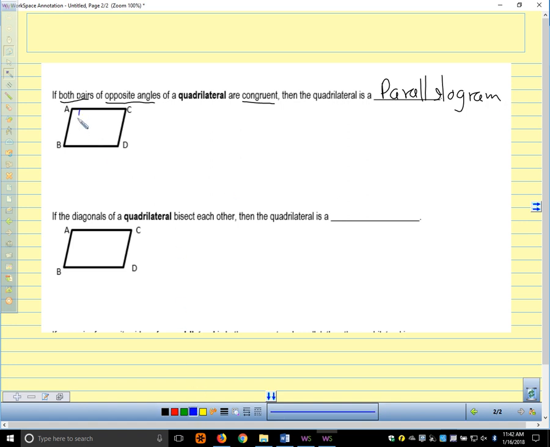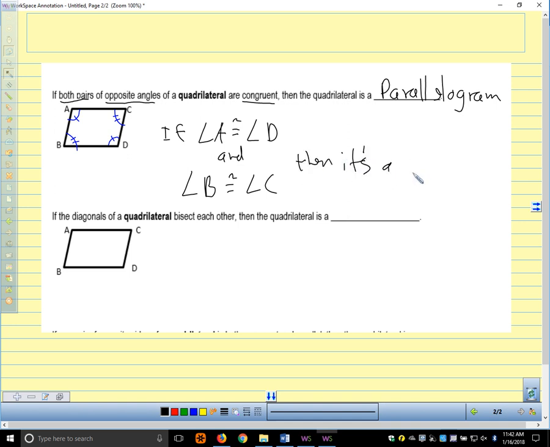So we're saying angle A is congruent to angle D, and angle B is congruent to angle C, then it's a parallelogram.